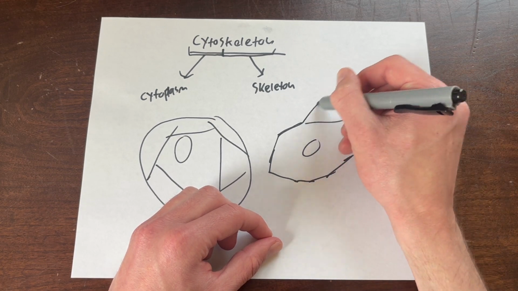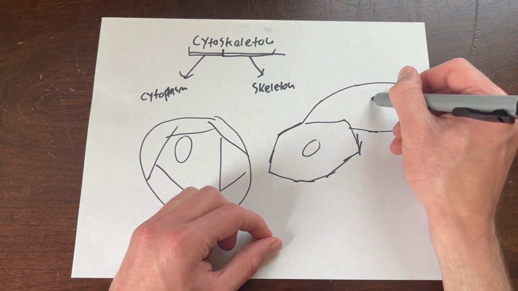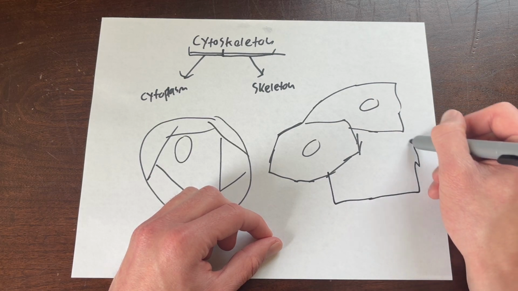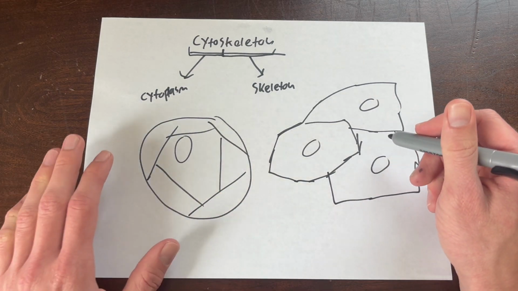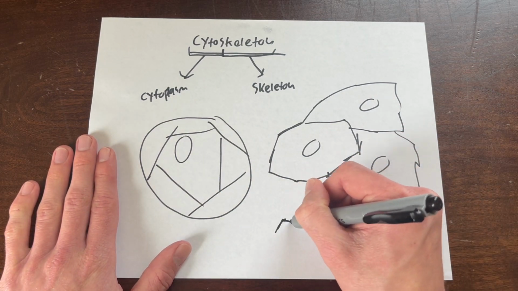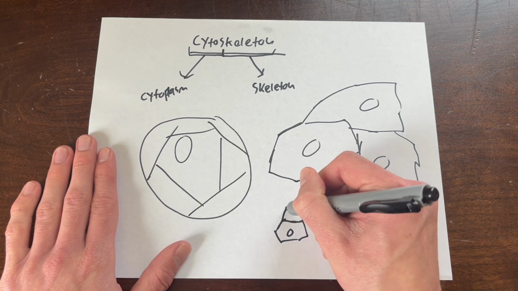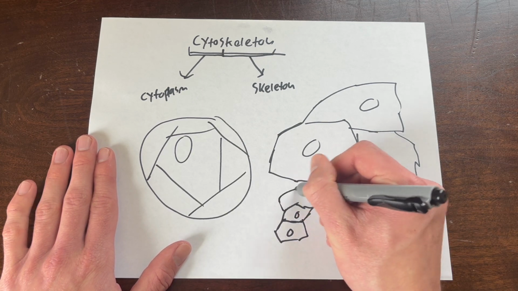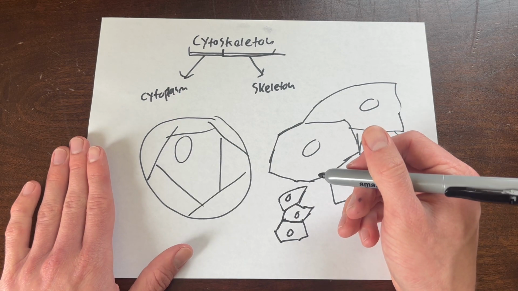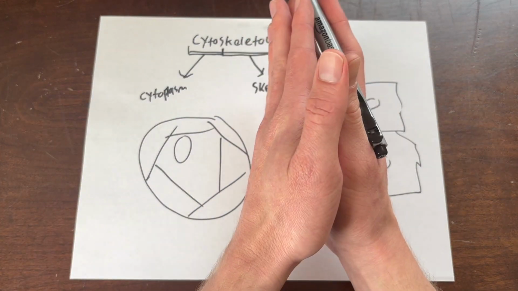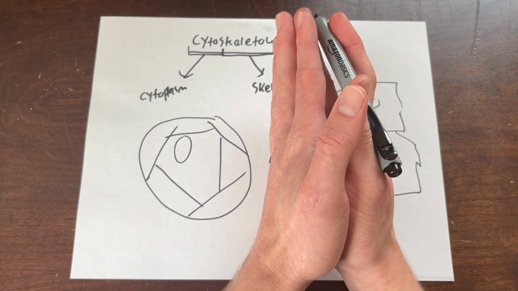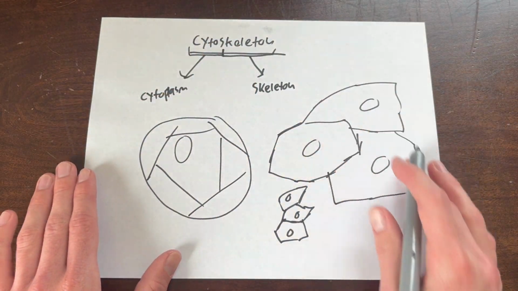And it can connect to each other and hold. So for example, your bones are made of these extremely rigid cells that stack. If they didn't have a skeleton, your bones wouldn't be able to withstand pressure. They would just squish. So cytoskeleton is very important.